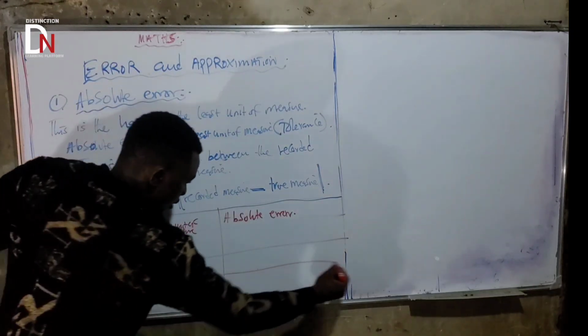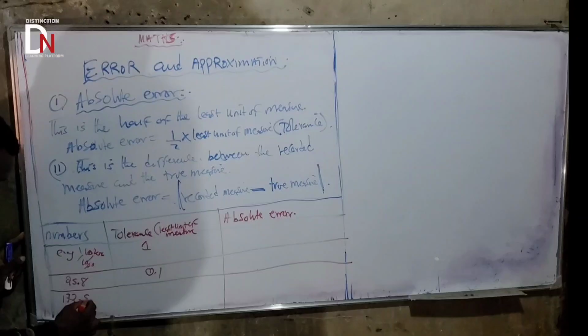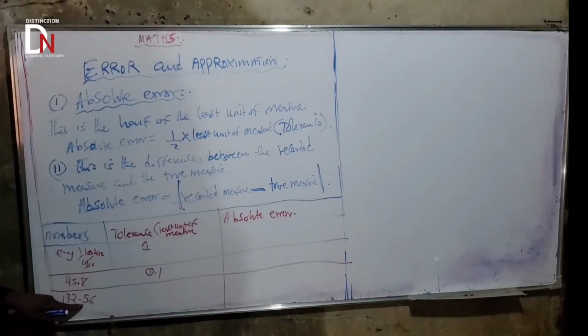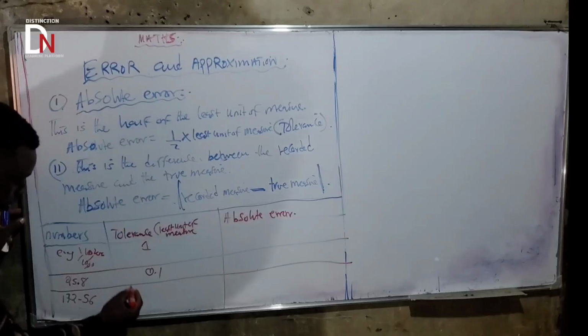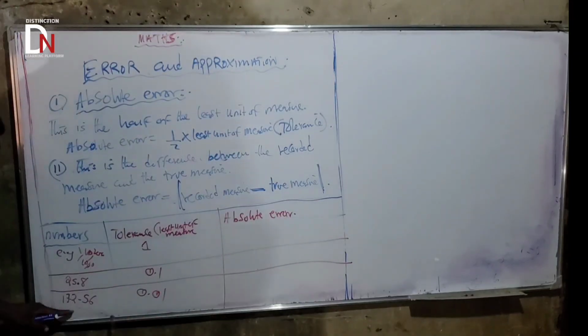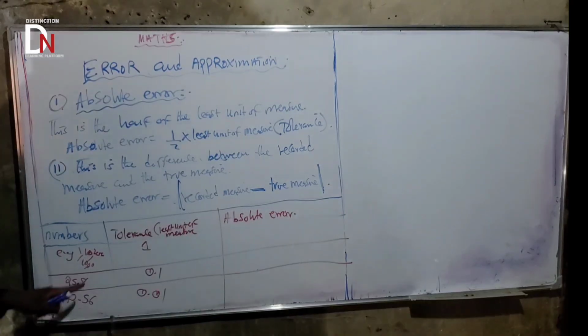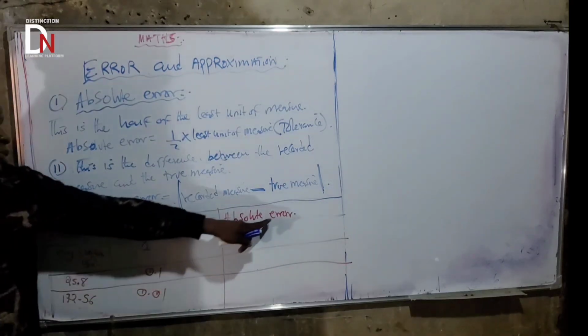If it has two decimal numbers, say 172.56, the tolerance is 0.01. So there's a pattern. If there were 3, 0.001. Correct. From here, how do I find my absolute error?